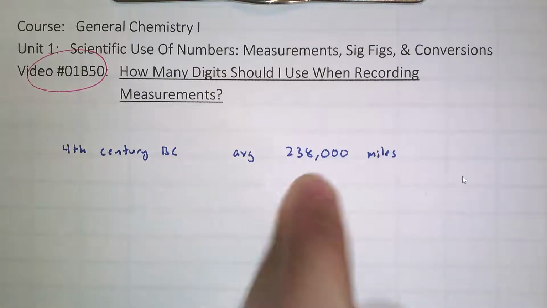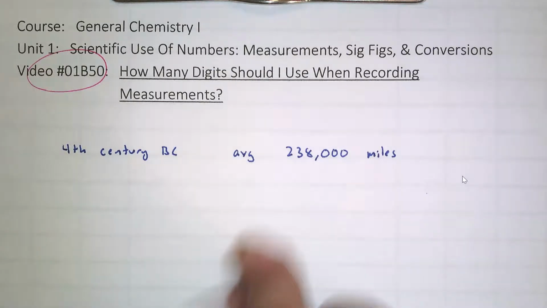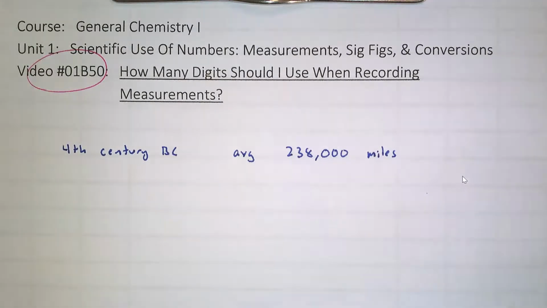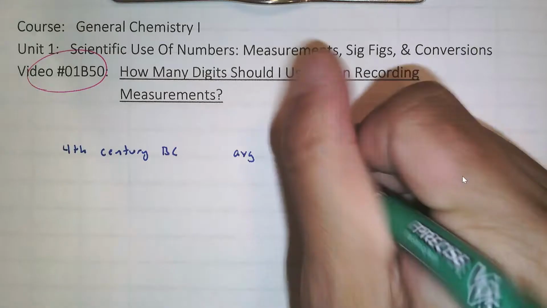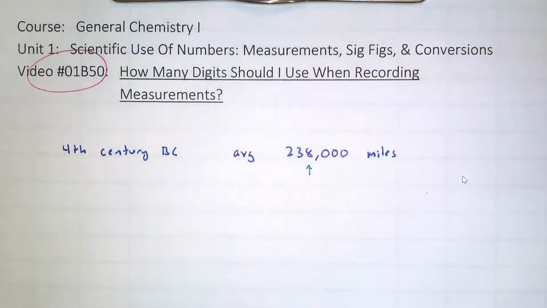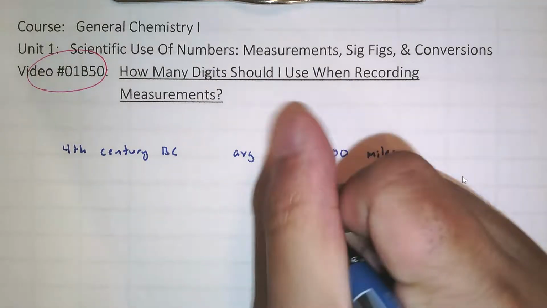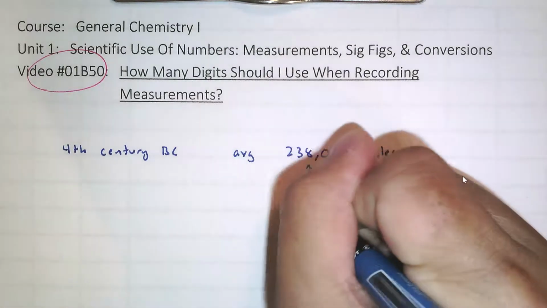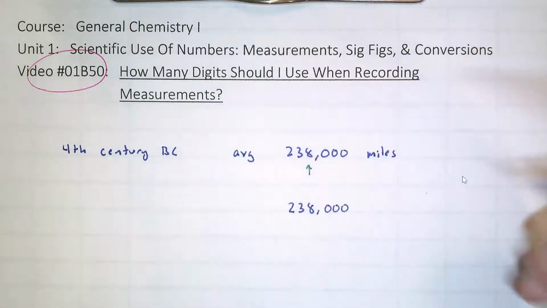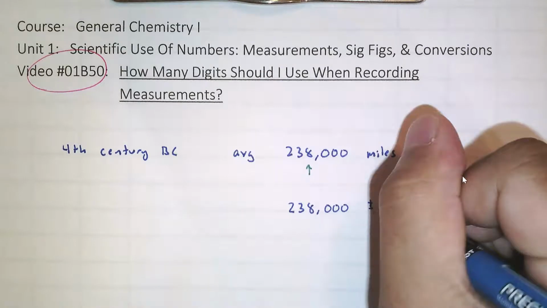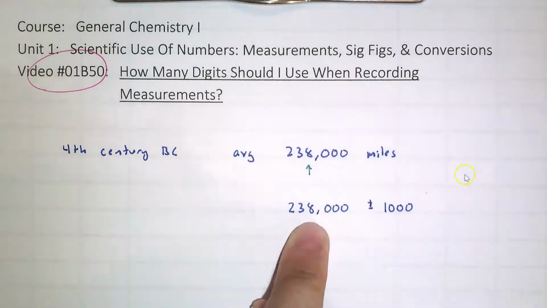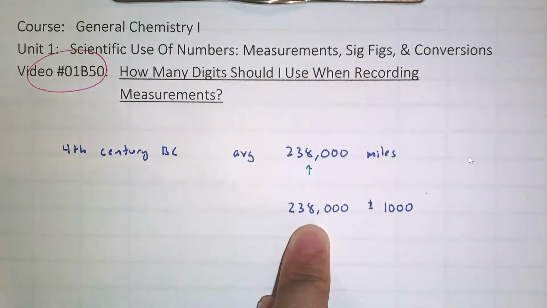They may assume that this is an approximation, okay, and that the last number that has any definite meaning is this number here, 8. If this is an approximation, a good estimation of what this number really means is 238,000 plus or minus 1,000, meaning that this last digit is an estimation.